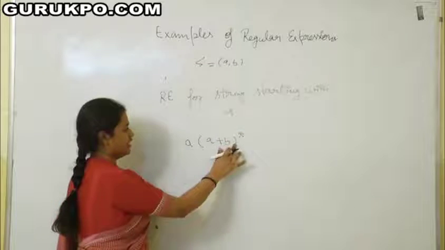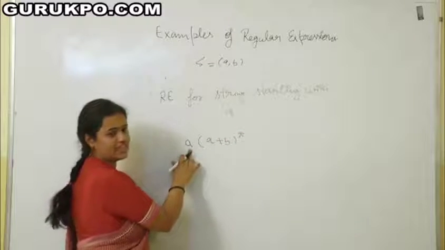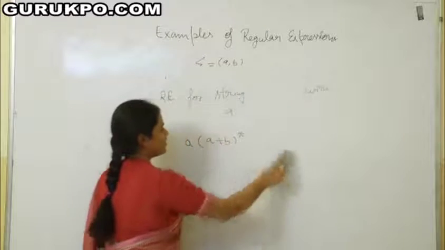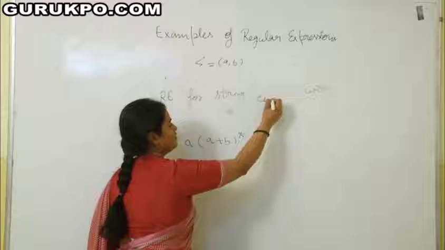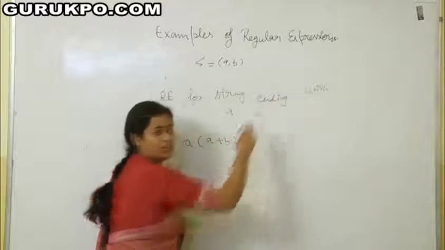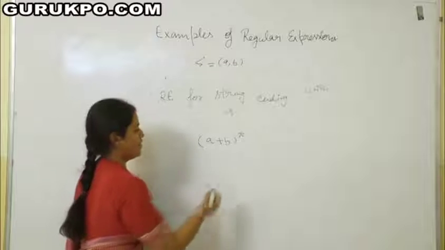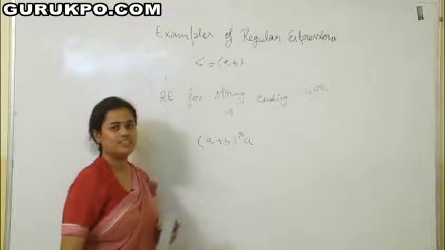In this case, it will generate all the strings which are starting with A. Now, suppose you have to write all the strings ending with A. What you need to do is just remove this A from here, then add it there.